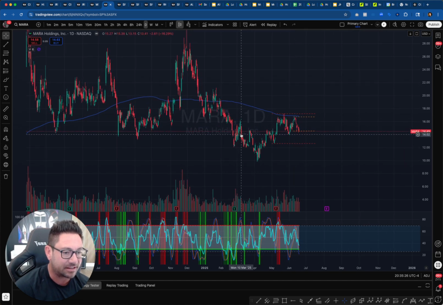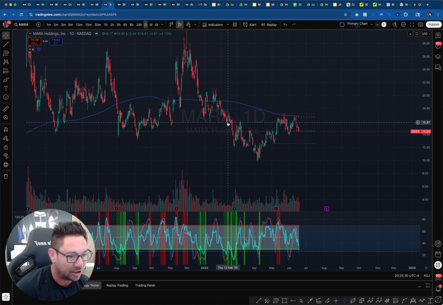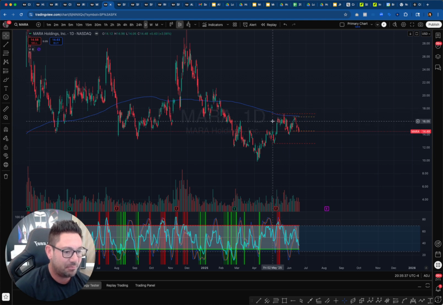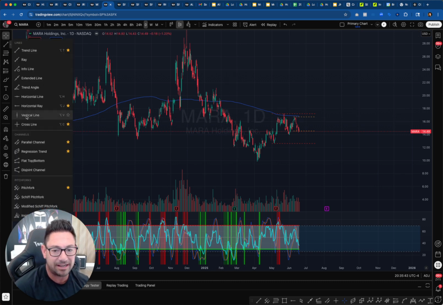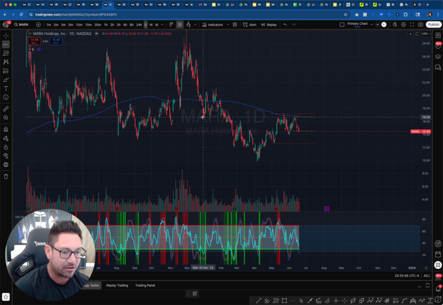And this cup and handle pattern really doesn't look as good. If anything, maybe inverse head and shoulders, right? Left shoulder, head, right shoulder. But even that, it just looks different. So this still could be a cup and handle pattern. It just hasn't broken out and done what the other ones have done, right?